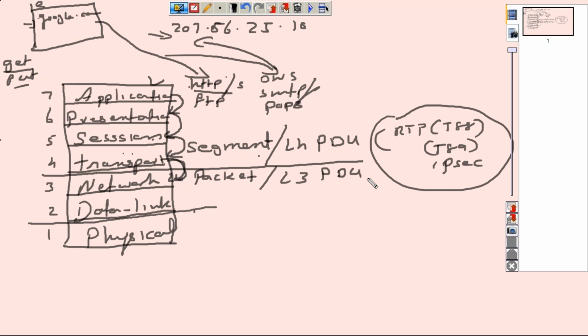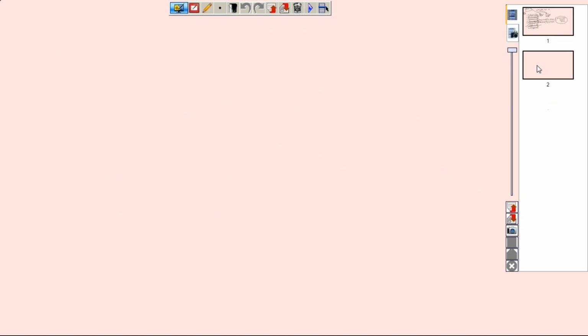Now, what is the function of the network layer? Any ideas?